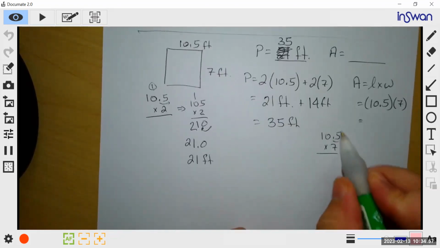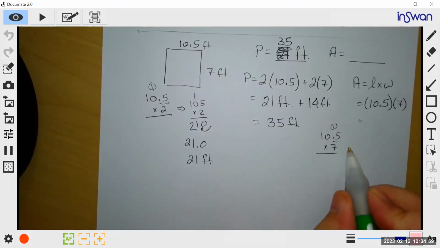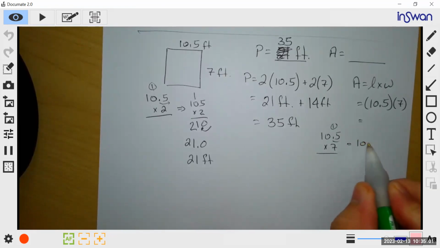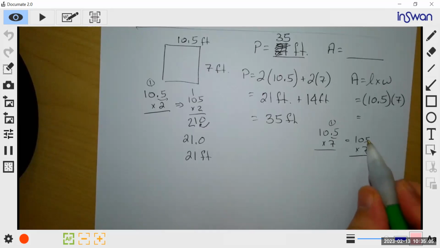Again, same thing, move the decimal out. So we have 105 times 7. 7 times 5 is 35. 7 times 0 is 0 plus 3. 7 times 1 is 7. And I got to put the decimal back.